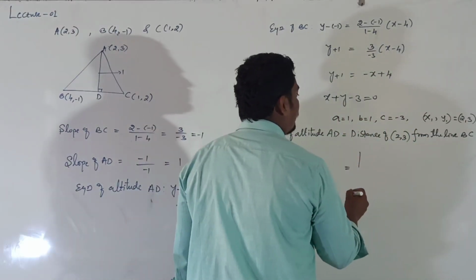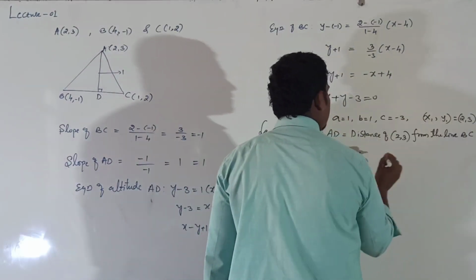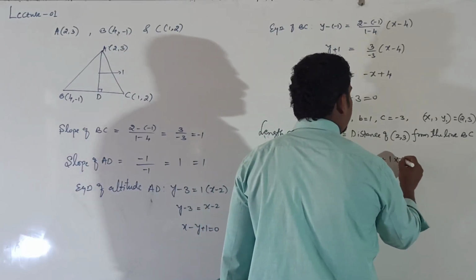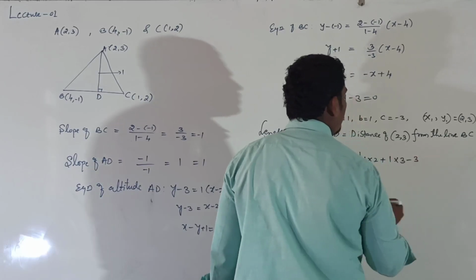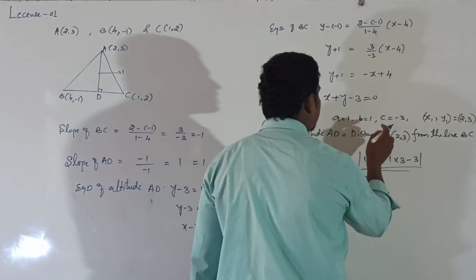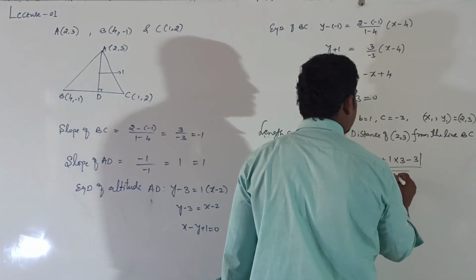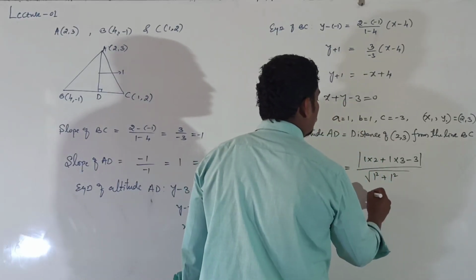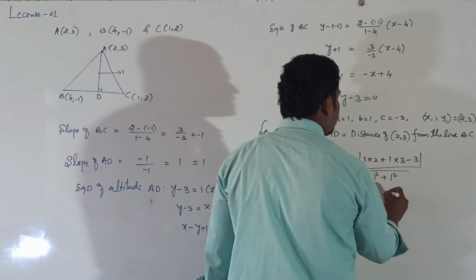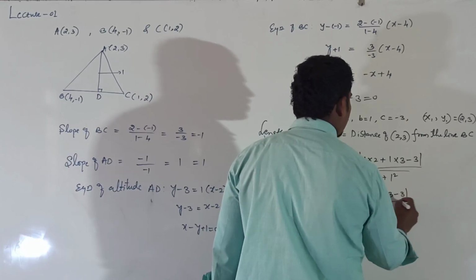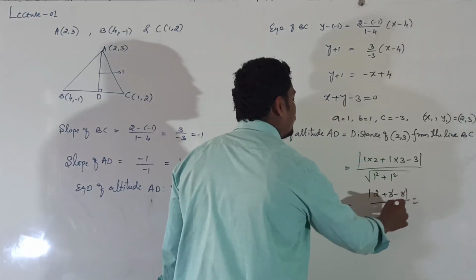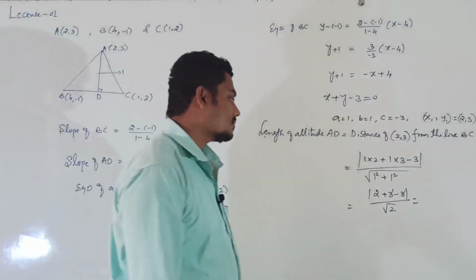Now modulus of a into x1, that is 1 into 2 plus 1 into 3 minus 3, whole thing divided by square root of a square plus b square, that is 1 square plus 1 square, that's equal to modulus of 2 plus 3 minus 3, whole thing divided by square root of 2. Plus 3 minus 3 will get cancelled.